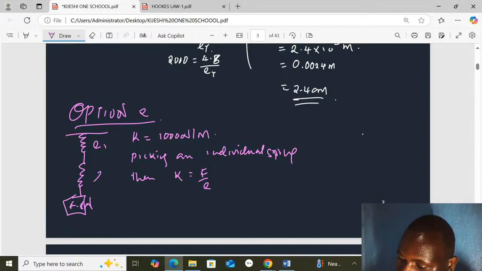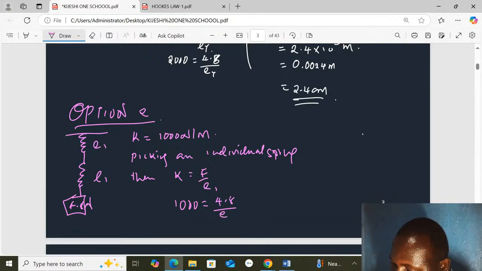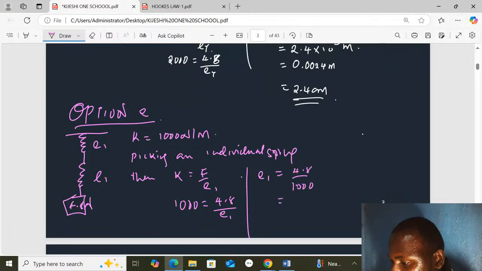Therefore, 1000 will be the same as a force of 4.8 divided by E1. Then E1 becomes 4.8 divided by 1000. There is 0.0048 meters, which is equivalent to 0.48 centimeters.